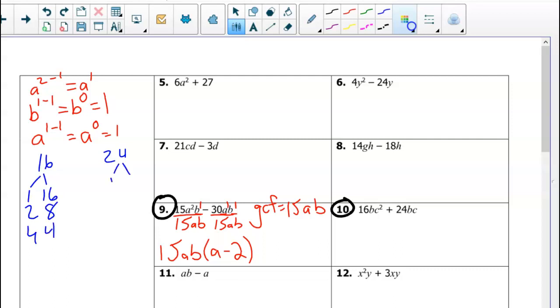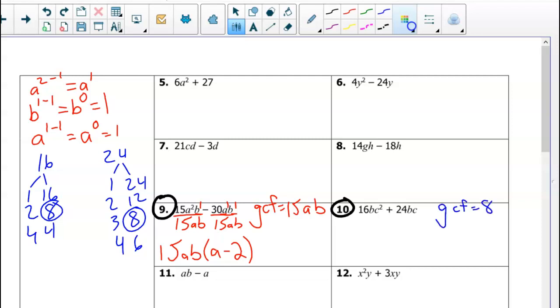For 24, we have 1 and 24, 2 and 12, 3 and 8, 4 and 6. Looking at these, I see 8 is the biggest number, or biggest factor, that I can divide both of these by.